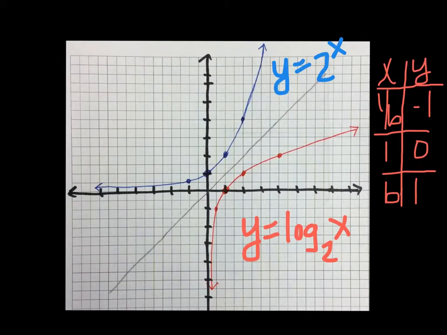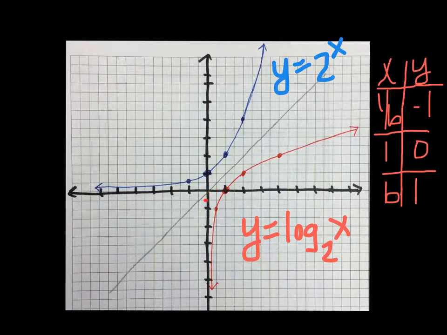Before we move on to do some transformations of the log function, let's talk about these 3 points right here. Just like when we learned to graph the exponential function, we focused on these 3 points to get our basic shape. We will focus on their inverses to get the basic shape of the log function. And all we've done is we have reversed our x and y's from our exponential function.